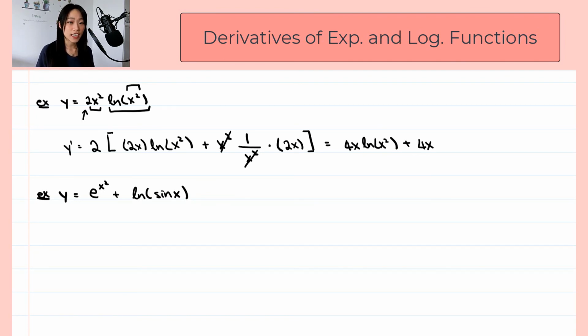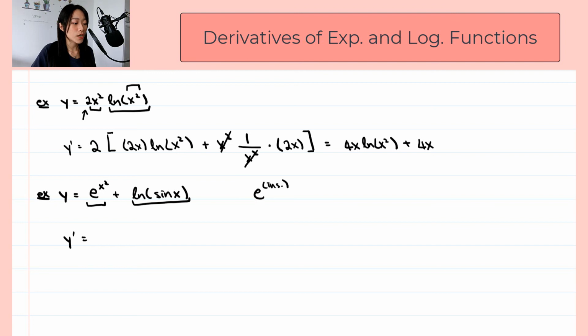Now let's look at the second example. y equals e to the power of x squared plus ln of sine of x. So here we have a function of x plus a function of x, so we'll use the sum rule. And here is e to the power of an inside function, where the inside function is x squared.